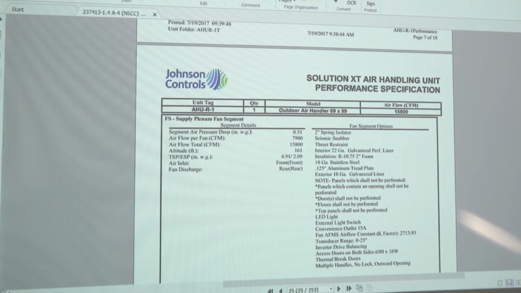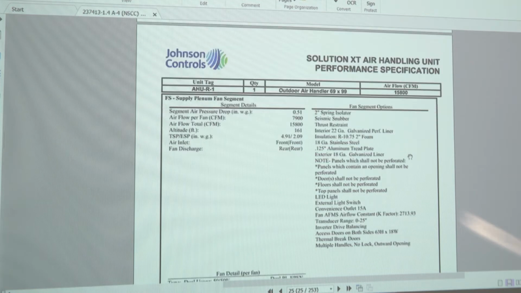Supply fan. Same situation, talks about your airflows, statics, sitting on inertia bases, snubbers, thrust restraints. Okay, perforated liner in this section for noise control.